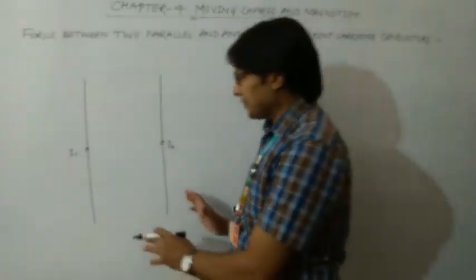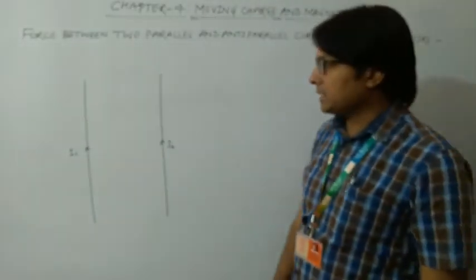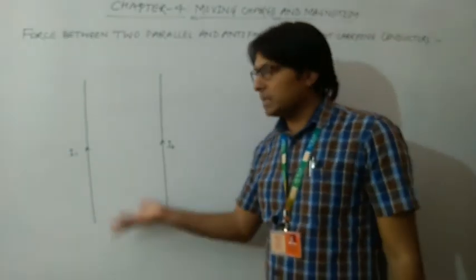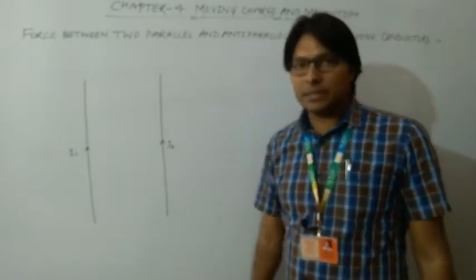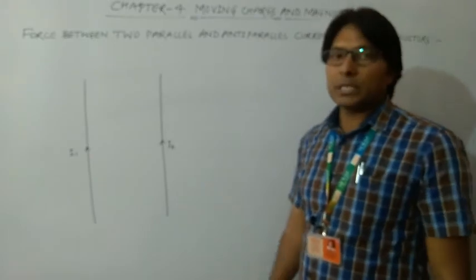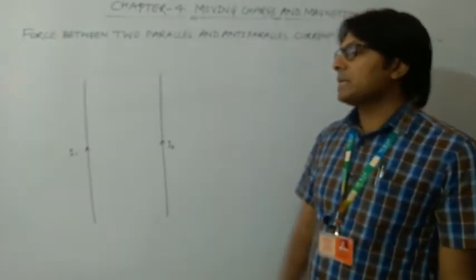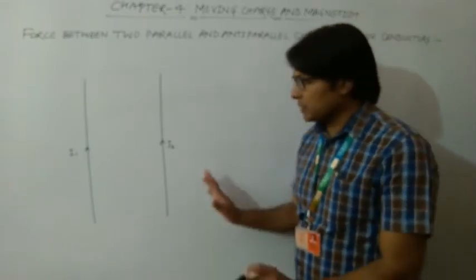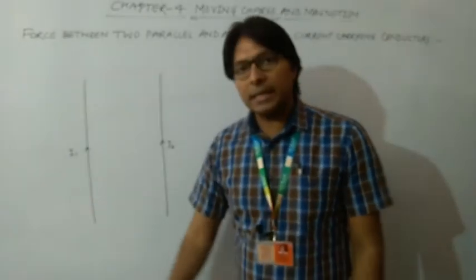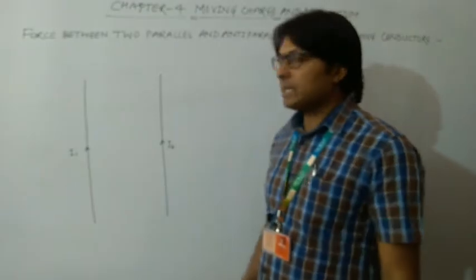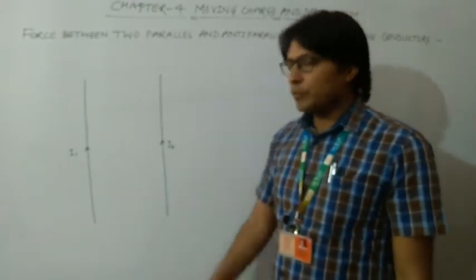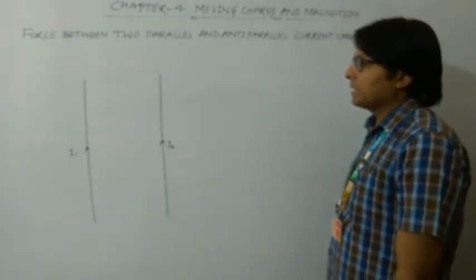These are parallel current carrying conductors, in which the direction of current is the same. If the direction is reversed in one of the conductors, then they are said to be anti-parallel current carrying conductors. First we will talk about parallel current carrying conductors, and thereafter we will extend our point of view to anti-parallel current carrying conductors.